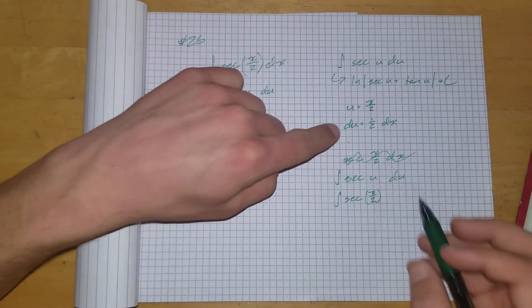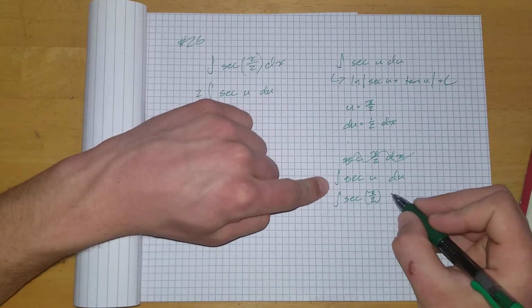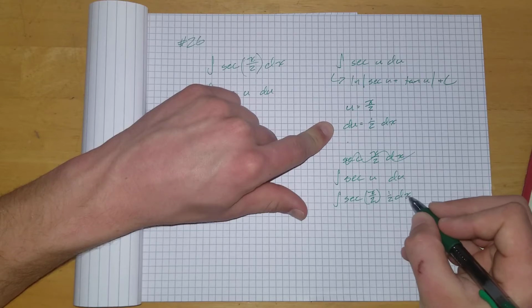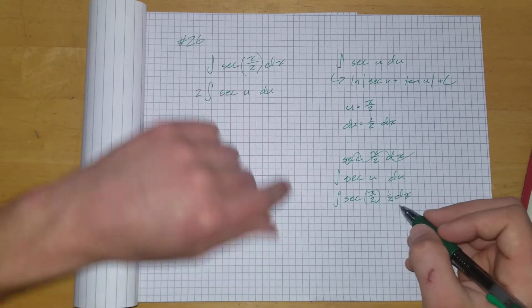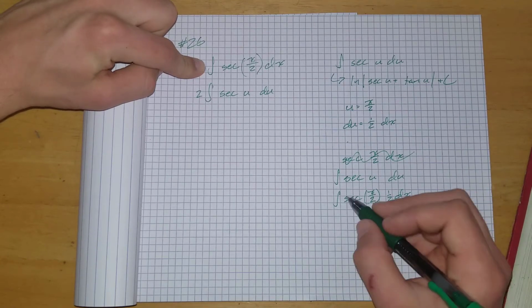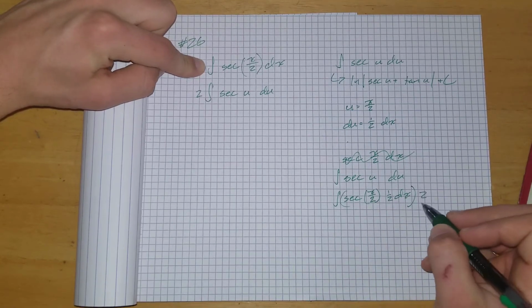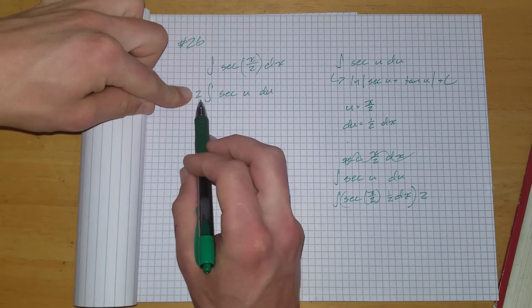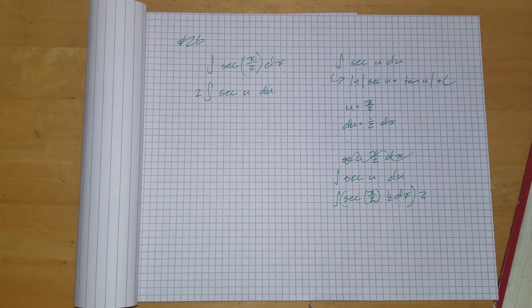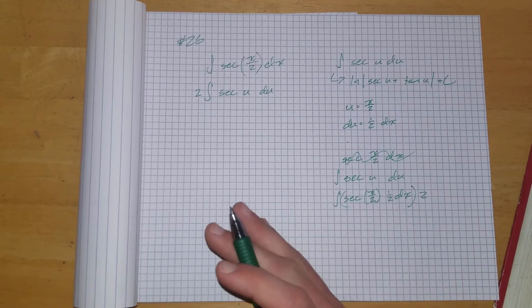But when we put the du in here, du is 1/2 times dx, which is not the same as what we have. So in order to get this, we have to multiply this whole thing by 2, which is why I can pull a 2 out over here. So that's why I did that. Sorry I didn't really go over that earlier, but that's the reason behind that.